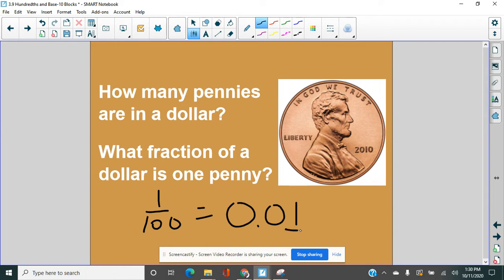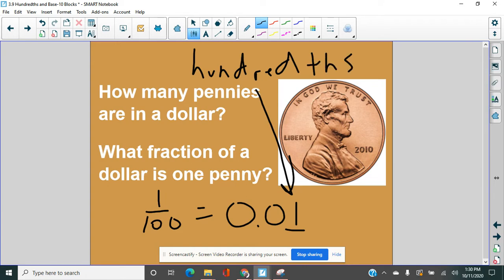So this is called the hundredths spot. Hundredth. It's like the word hundred, but then it has a THS. Hundredths. Hundredths spot. So a penny is 1/100th of a dollar.